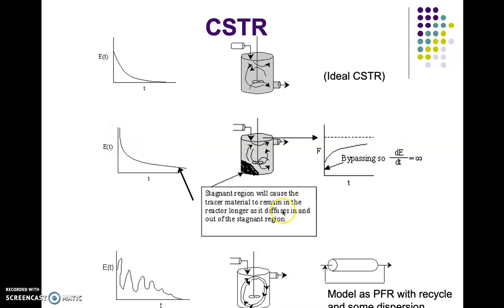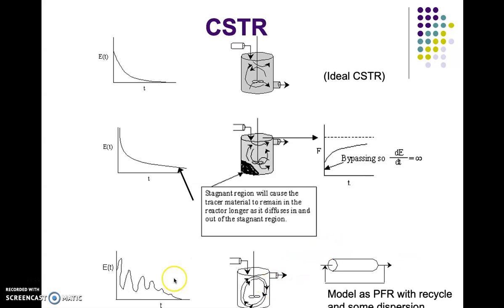So a stagnant region will cause the tracer material to remain in the reactor longer as it diffuses out of the stagnant region. So the flow pattern of a CSTR is perfectly mixed flow. However, when stagnant regions are present, the tracer material remains in that reactor.